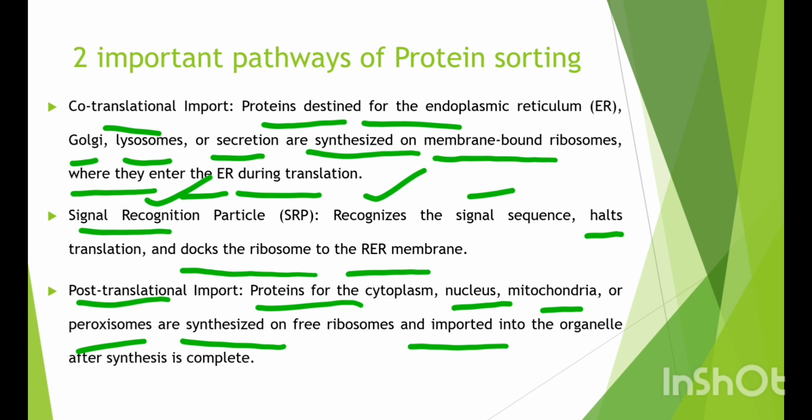One method is co-translational targeting, otherwise known as CTT, the secretory pathway. Another one is PTT, post-translational targeting. It is the non-secretory pathway. It takes place in the nucleus, mitochondria, chloroplast and peroxisome.